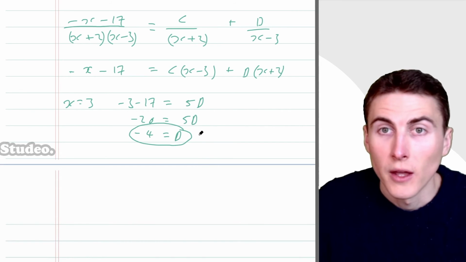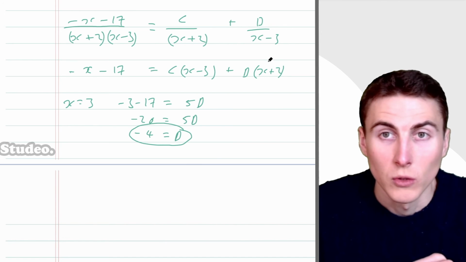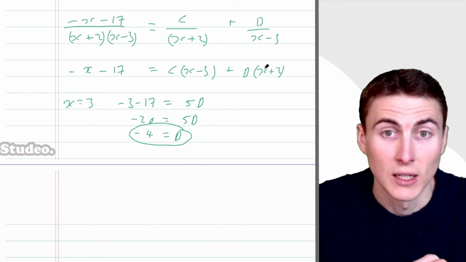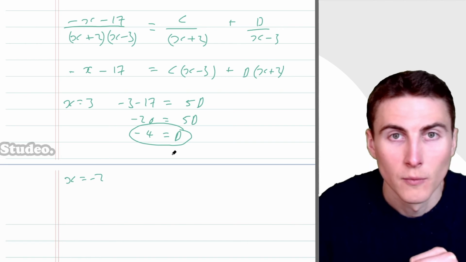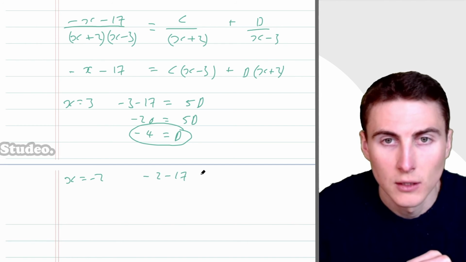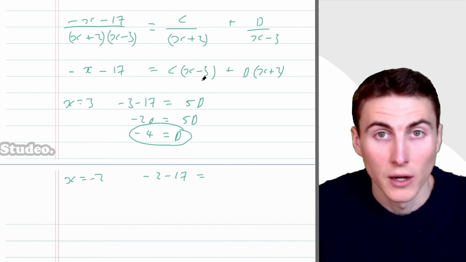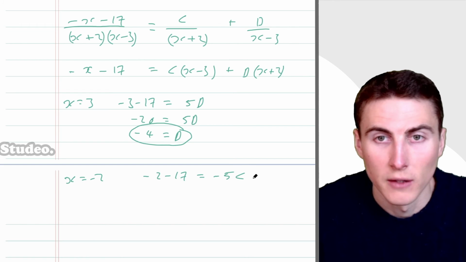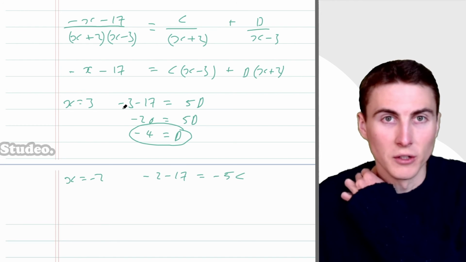Okay. Then, to find out c, I need to cancel out this term. So I'm going to make x minus 2, so this bracket becomes 0. So now let's let x equal minus 2. Over here, minus 2 minus 17. And then here we have minus 2 minus 3 is minus 5. We've got minus 5c. Oh, sorry, I made a little mistake there.